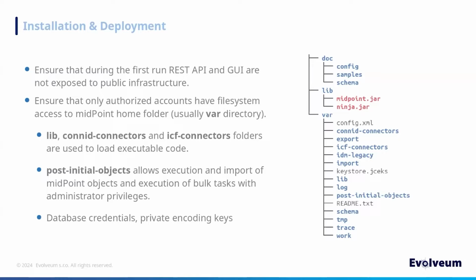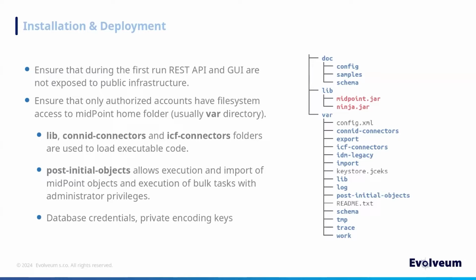The var lib, conid connectors, and ICF connectors directories are actually used to load executable code. These folders are scanned automatically during the run of the MidPoint, and the code is loaded and executed from here, so they may pose a vector for targeted attack if these folders are not secured properly. The other one is the post-initial objects.